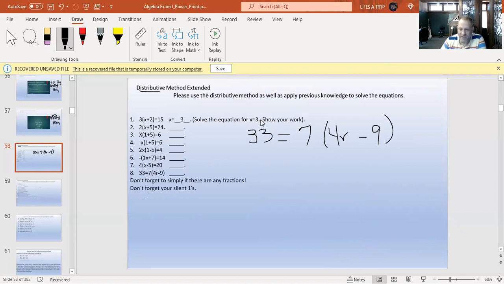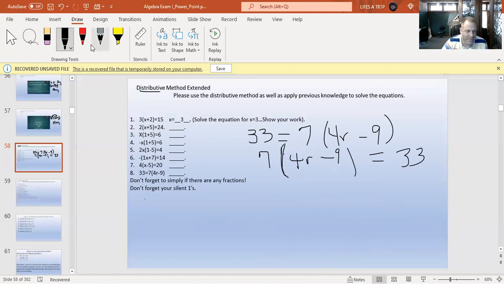Just because they reverse the order does not mean we reverse what we're doing. So we do the same process. If it makes you feel any better, you can look at it this way, with parentheses.